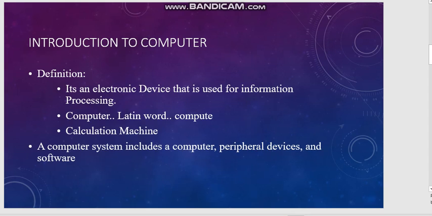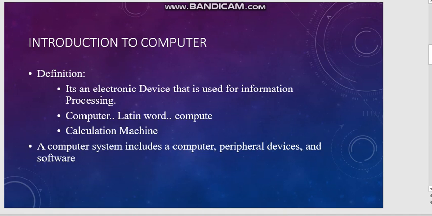The very simple definition of a computer system is that it is an electronic device that can perform a variety of operations in accordance with a set of instructions called a program. Or you can say that it is an electronic device that is used for information processing.